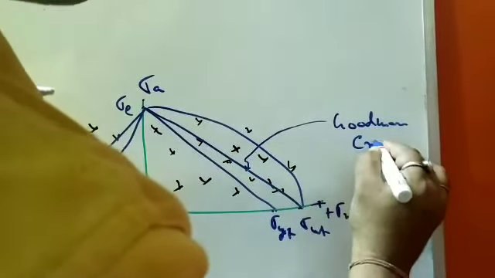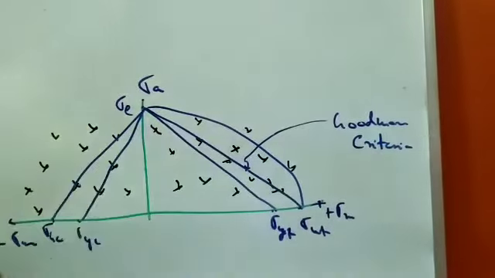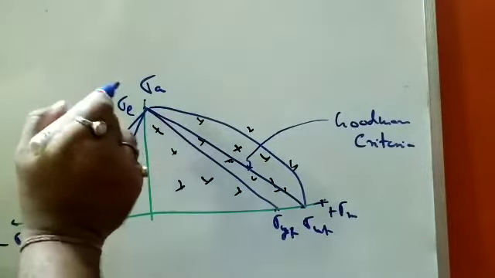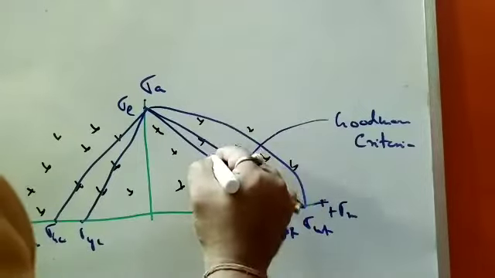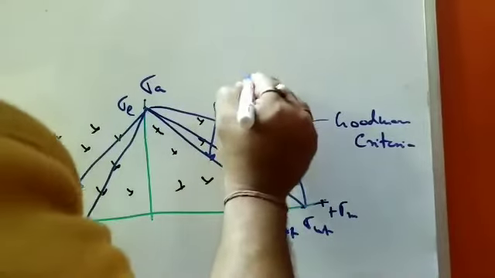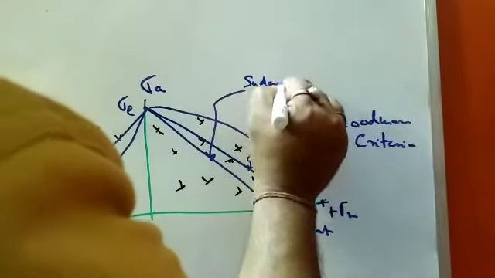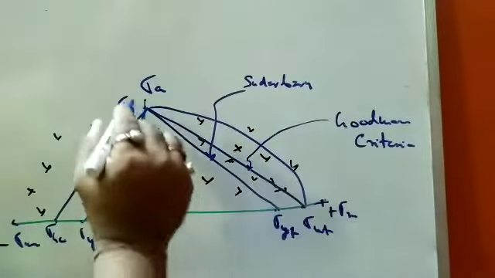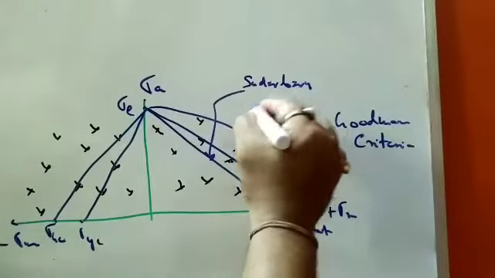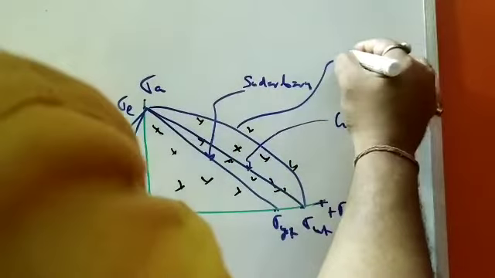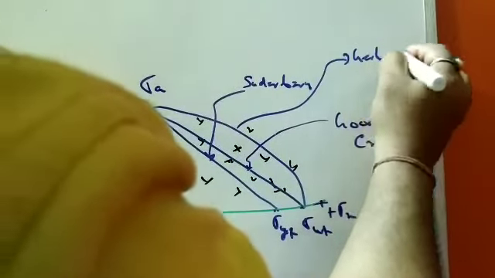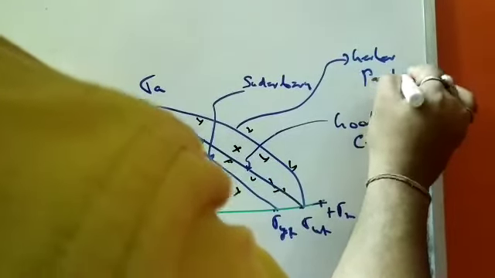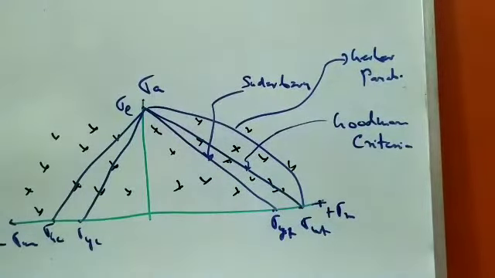Those who consider the endurance strength with the yield strength call it the Soderberg criteria. And those who consider this parabola, this is called the Gerber parabola. So these are basically the conditions where both types of loads are applied.